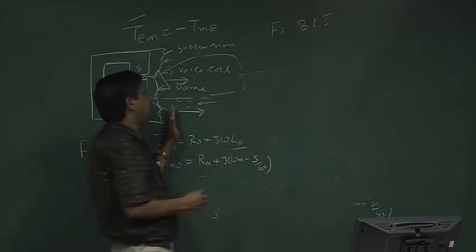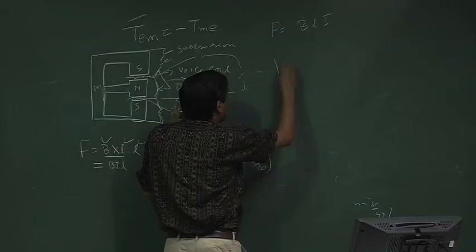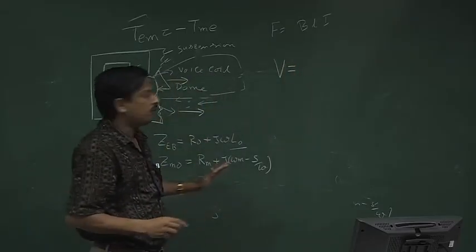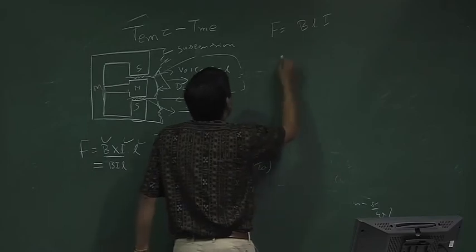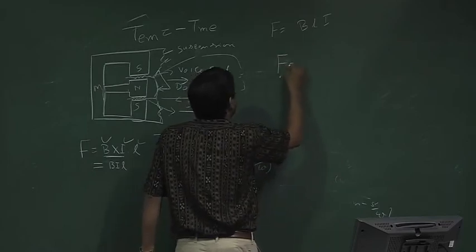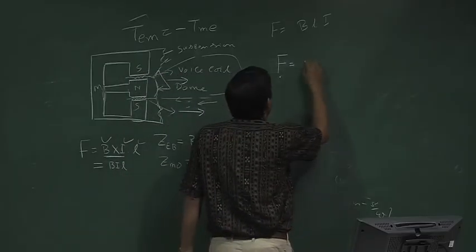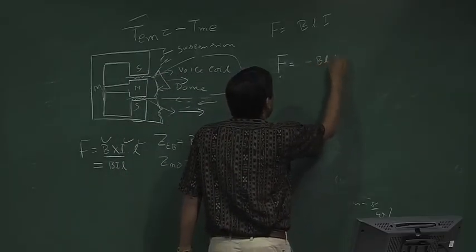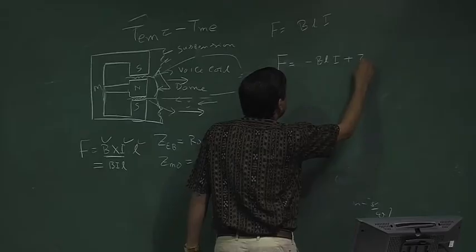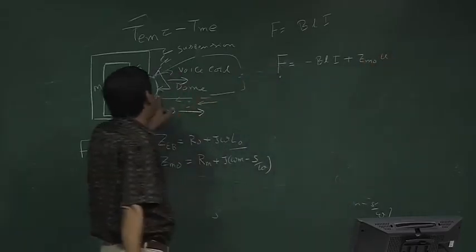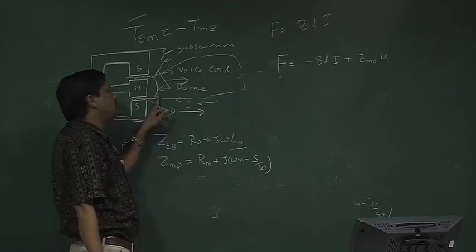So, I can say the total force acting on the diaphragm in equilibrium condition is nothing but minus BLI plus ZMO into U, where U is the particle velocity of the diaphragm.